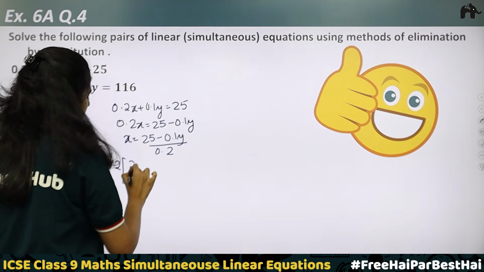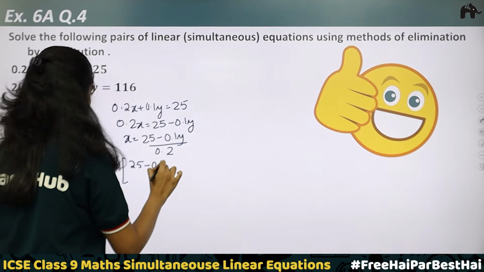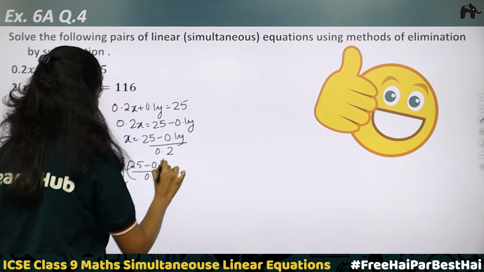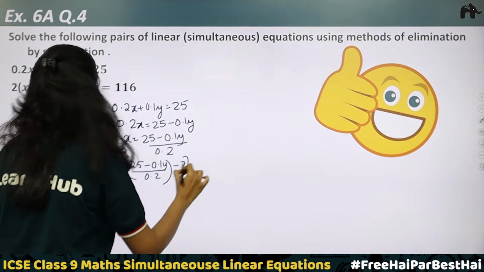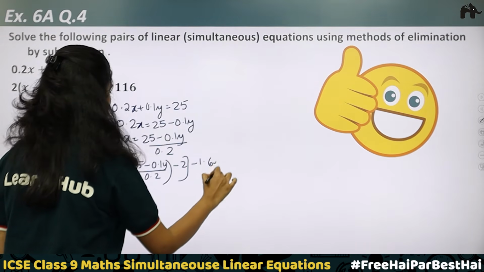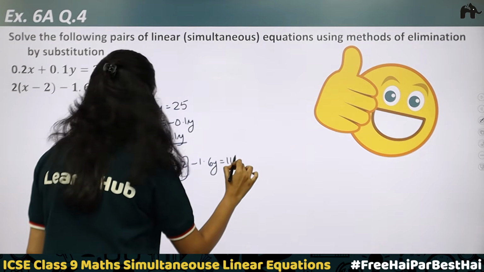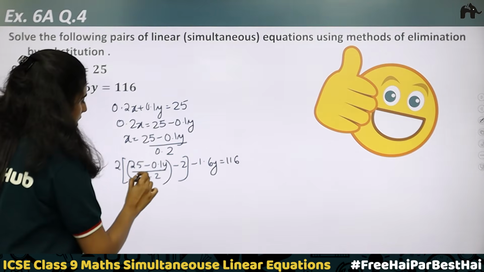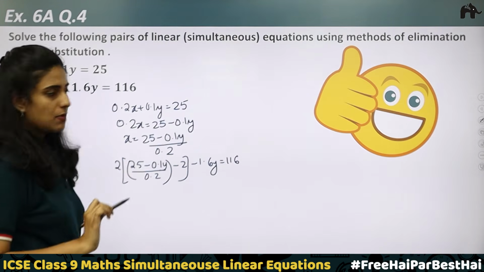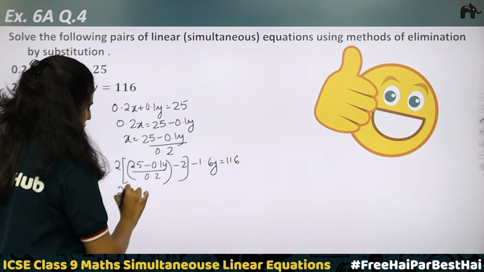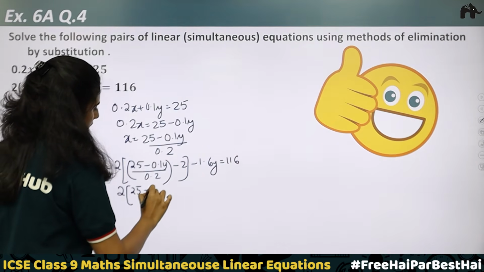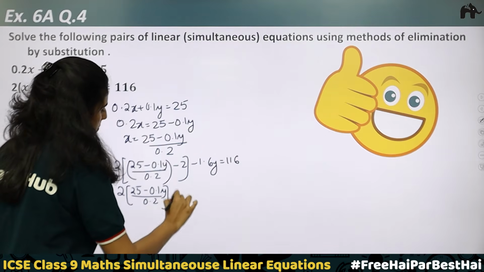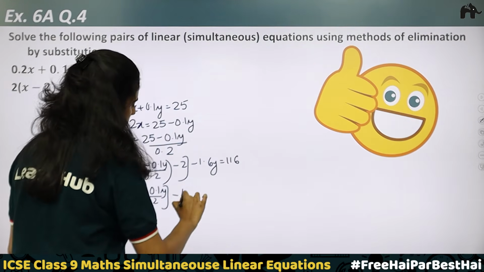Okay. Now this x is substituted in the second equation, 2 into, in place of x we have (25 minus 0.1y) divided by 0.2, minus 2 minus 1.6y is equal to 116. Okay. Here, removing the brackets and multiplying, this is 2 into (25 minus 0.1y) divided by 0.2 minus 2 into 2 is 4.